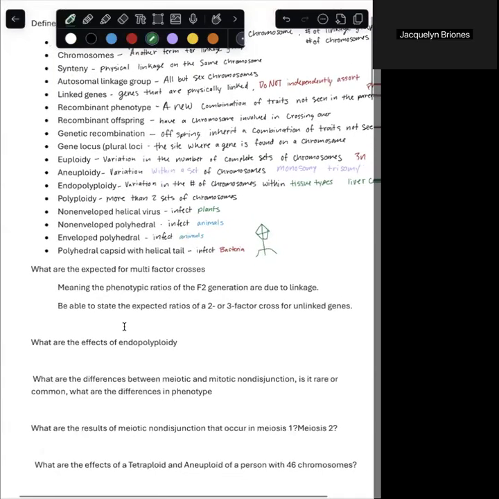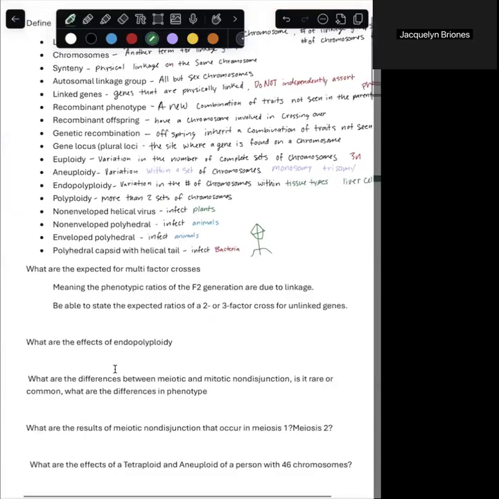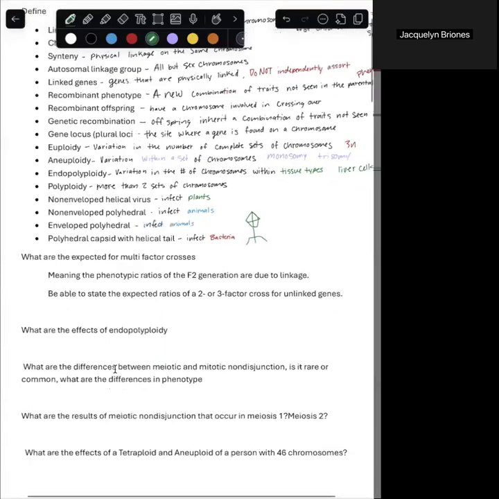Okay, what are the expected results for multi-factor crosses? So a greater proportion of parental phenotype in F2. I didn't really give.